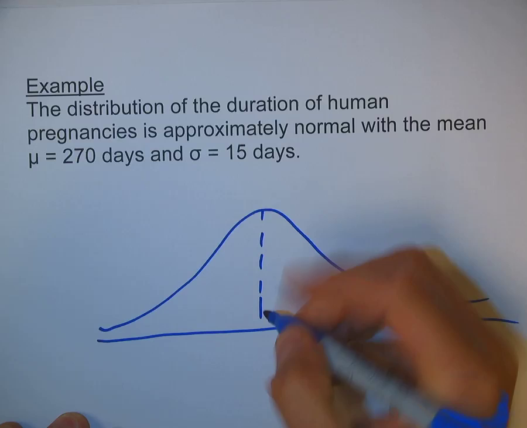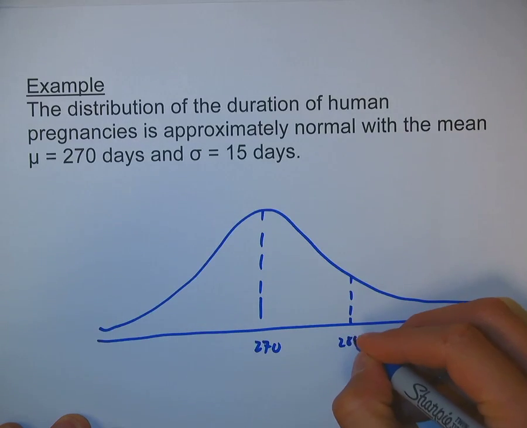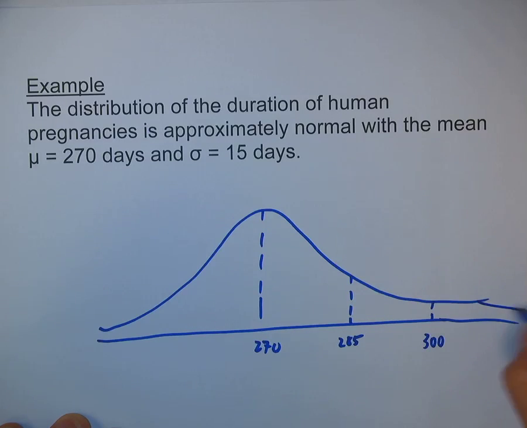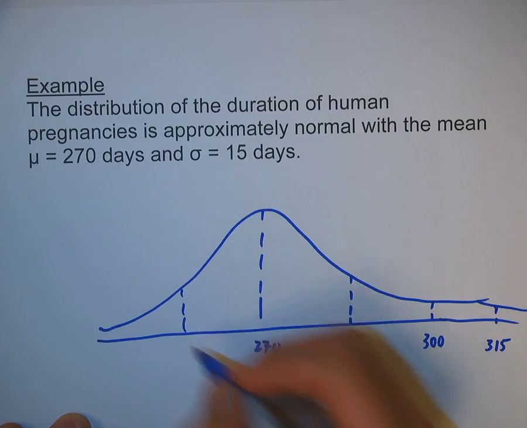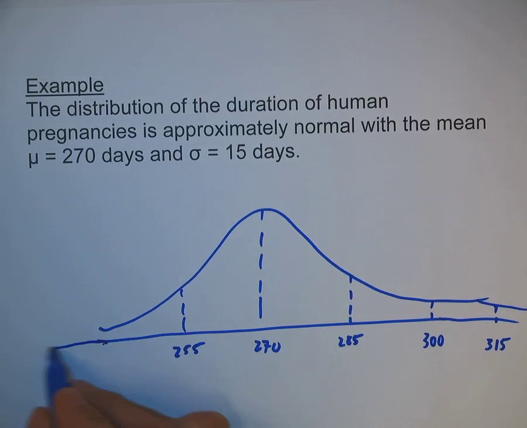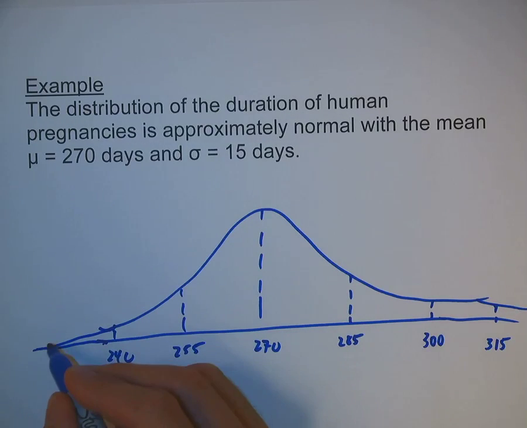We're going to center this at 270. One standard deviation above the mean is going to be at 285, 300, and then three standard deviations out at 315. Okay, this will be at 255, this is 240 and 225.